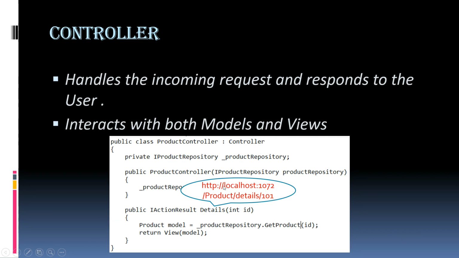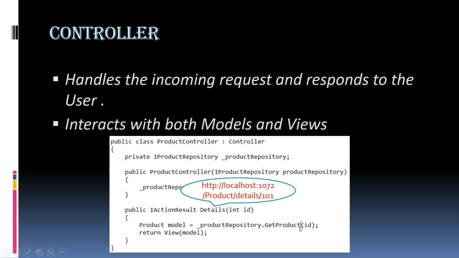For example, when the user issues a request like this in the web browser, this request is mapped to the Details action method of the Product controller. Here, if you see, the controller uses the product repository class to fetch the product data from the database by passing an ID.